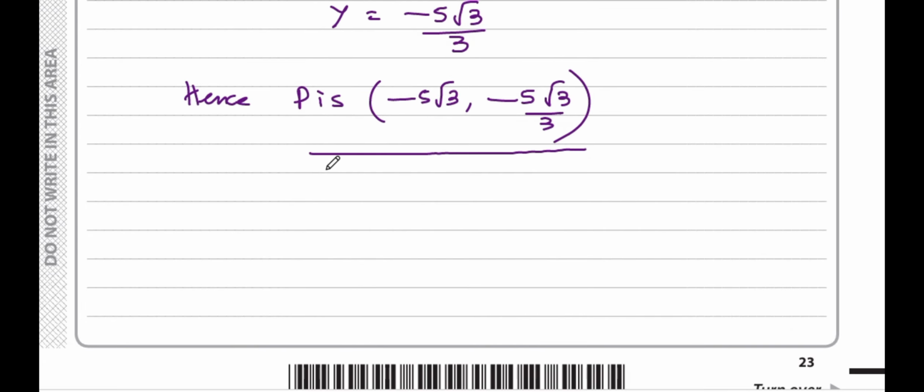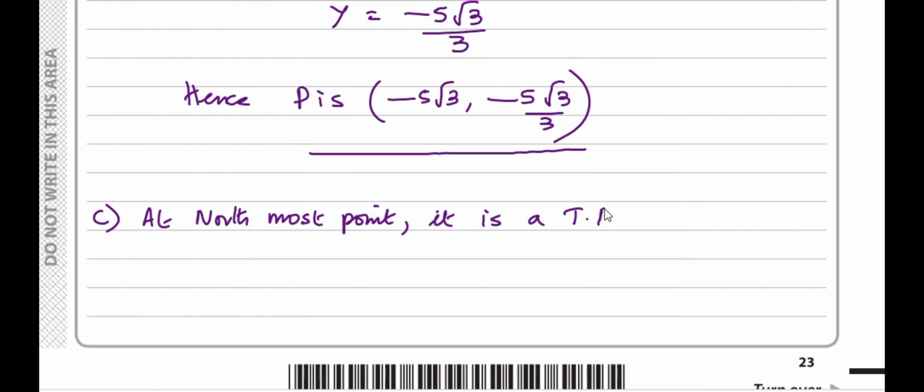So how we can write it here is, at the northmost point of the origin, it's a turning point, maximum or minimum, it must be maximum, where dy by dx is equal to 0.